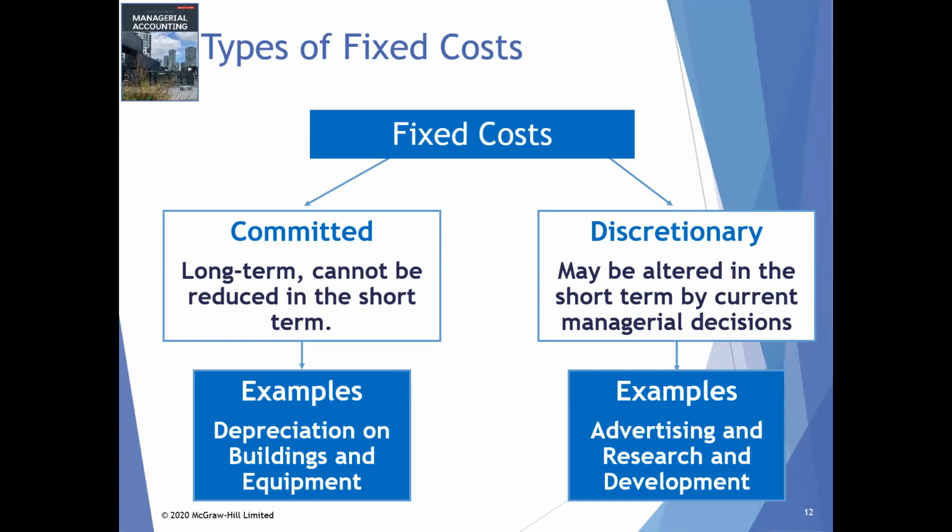Now on the right hand side, there's the discretionary. Discretionary means that it depends upon the management, and may be altered in the short term by current managerial decision. For example, for that fixed cost they have decided that 10% of the sale, or maybe $5,000 or maybe $1,000 per month, they want to spend on advertisement, research and development.